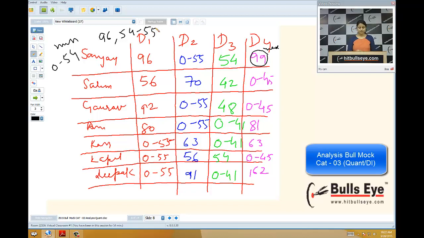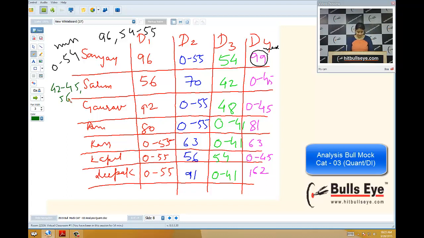Now I am writing only 2 middle quantities for all these typists. For Salim it will be 42 to 45 and 56.